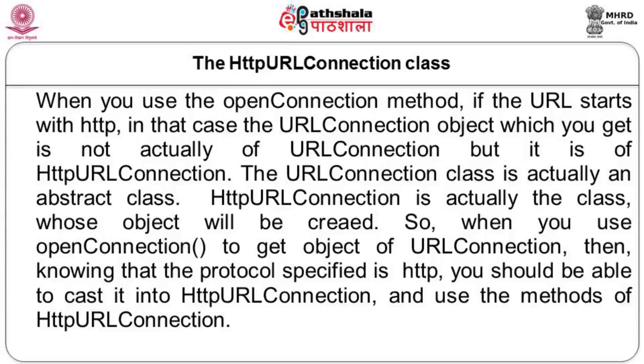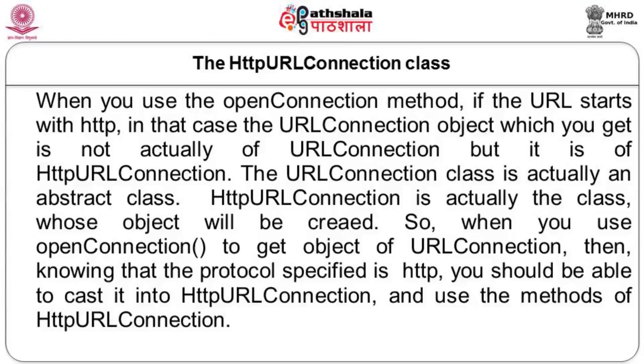So as a client, I'm interested in fetching some content from a URL. Certain methods for certain purposes, you may have to use. Now when you say open connection, if the URL starts with HTTP, the URL connection which you get is not an object of URL connection, as URL connection is actually an abstract class.